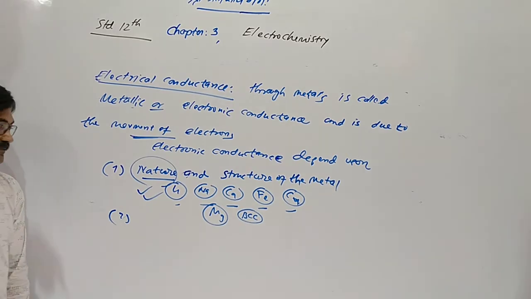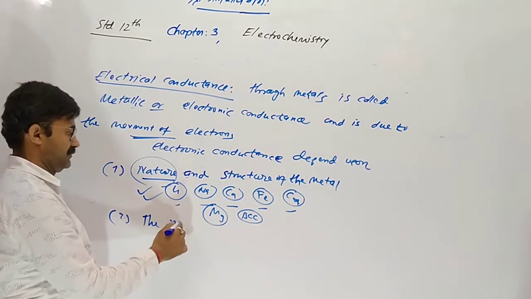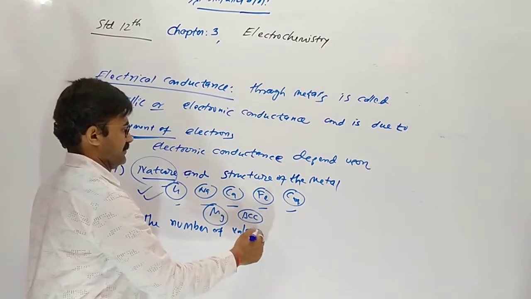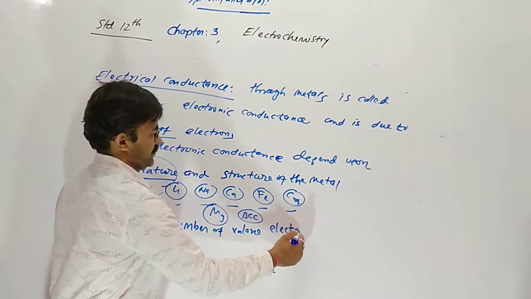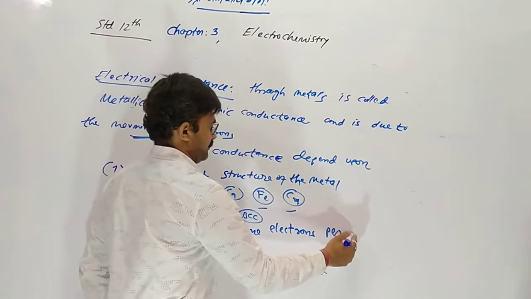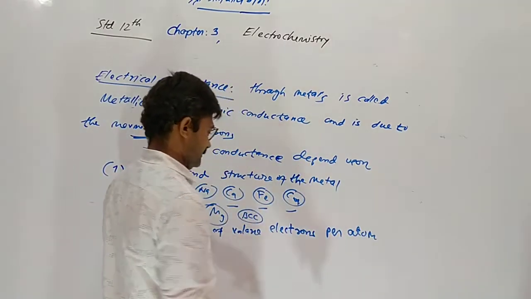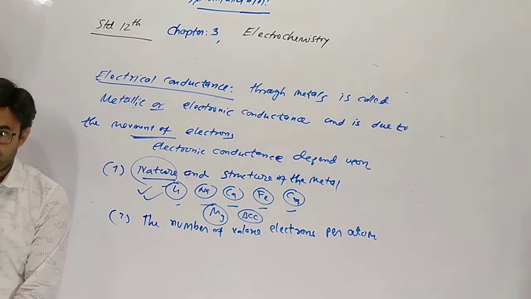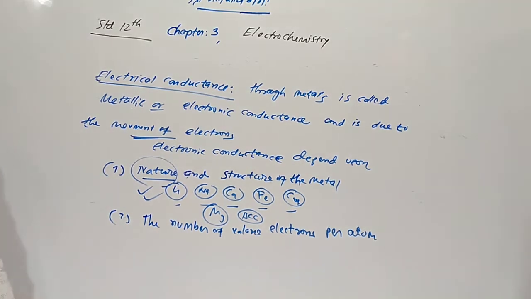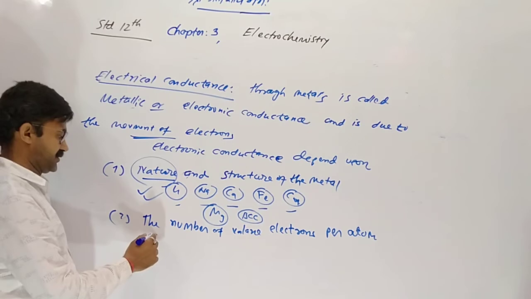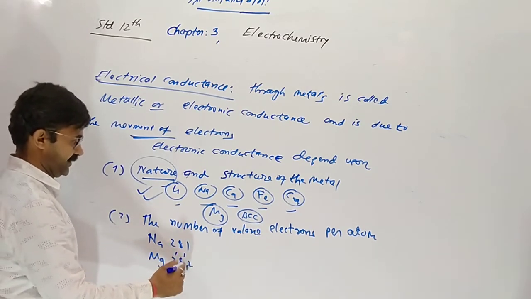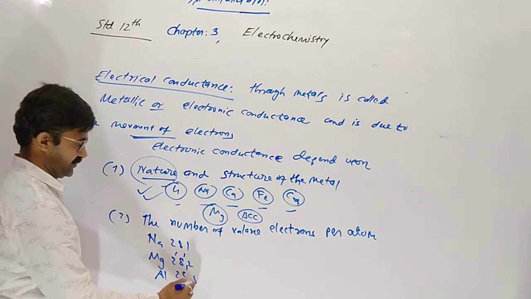The number of valence electrons per atom also affects conductivity. Suppose sodium 2,8,1, magnesium 2,8,2, aluminium 2,8,3.